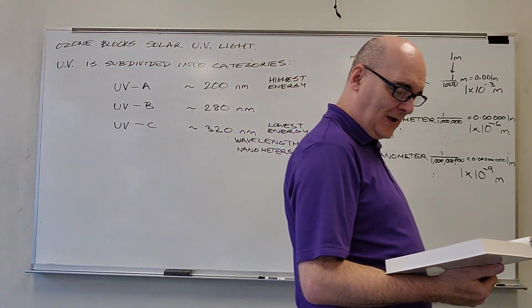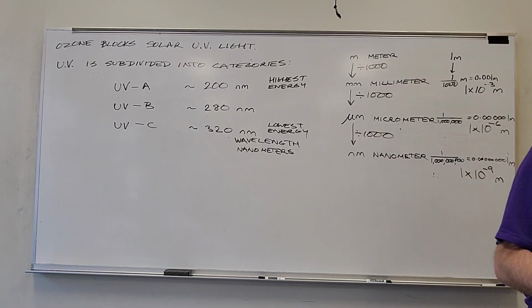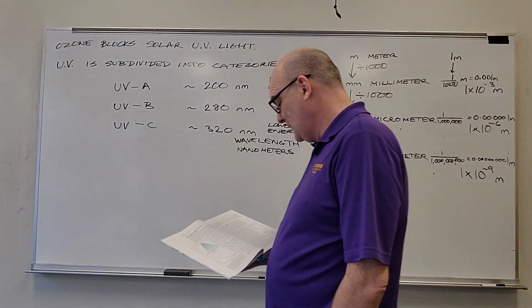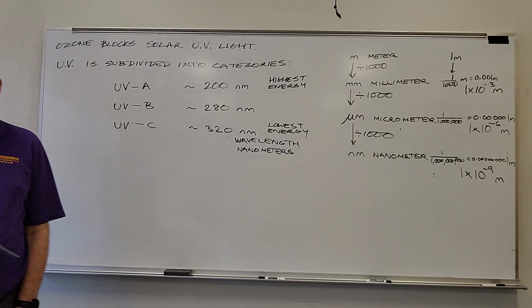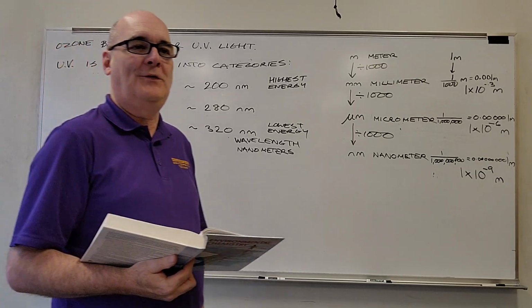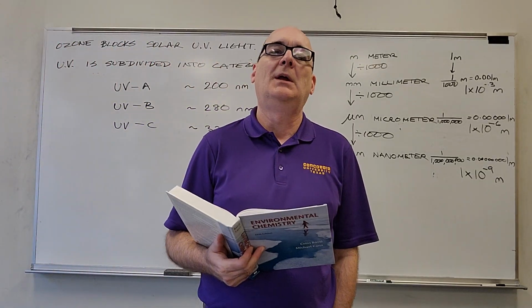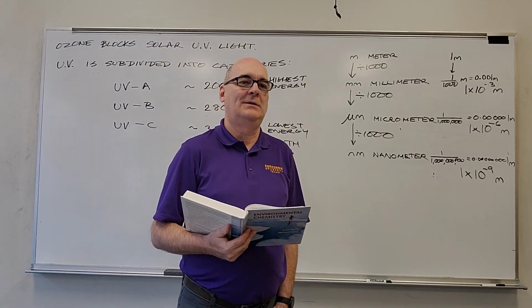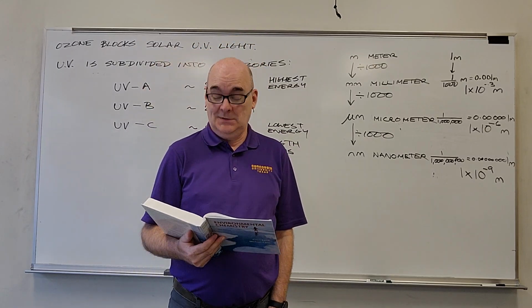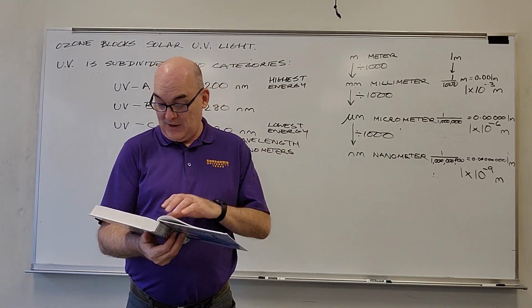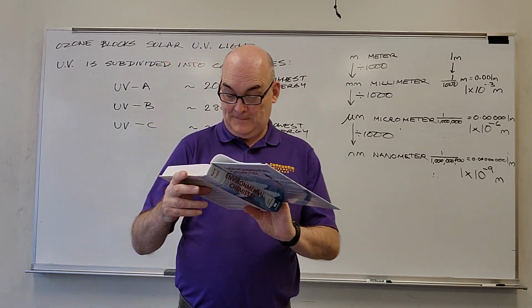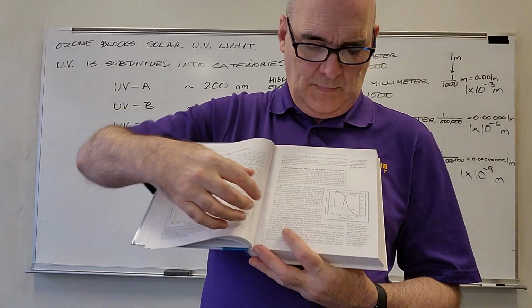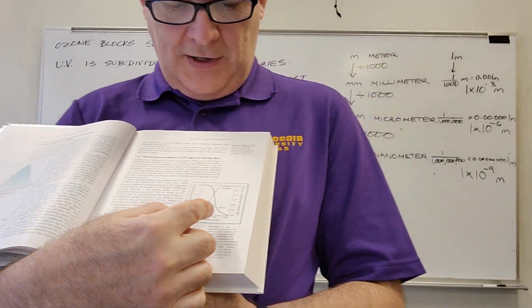Most biological effects of sunlight arise because of UVB. It is absorbed by a very important molecule called DNA. DNA is the repository of all of our genetic information, and ultraviolet breaks it. There's a little diagram about how. It's a kind of an awkward diagram.